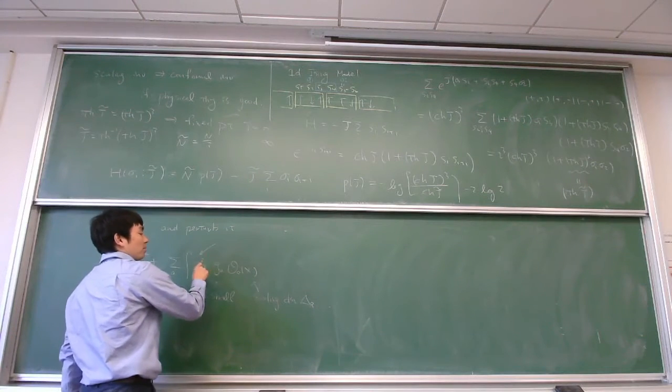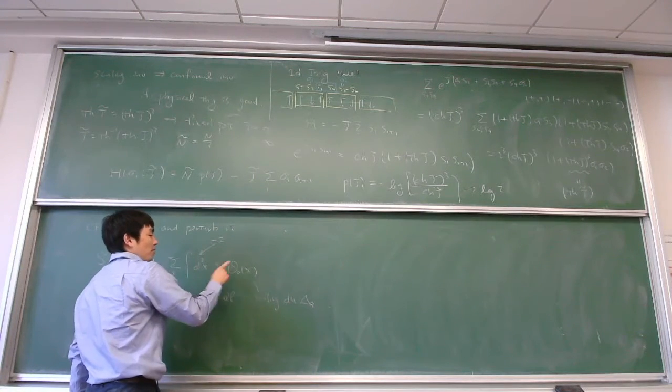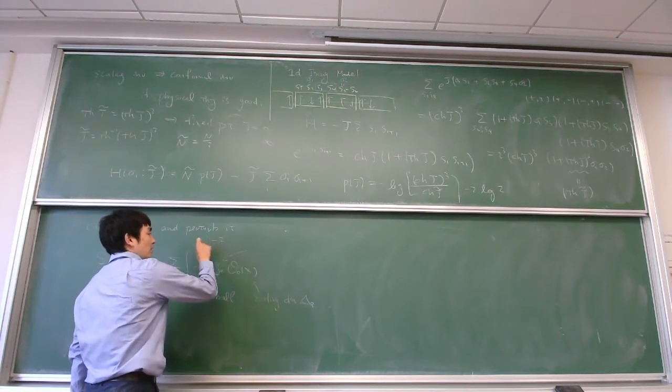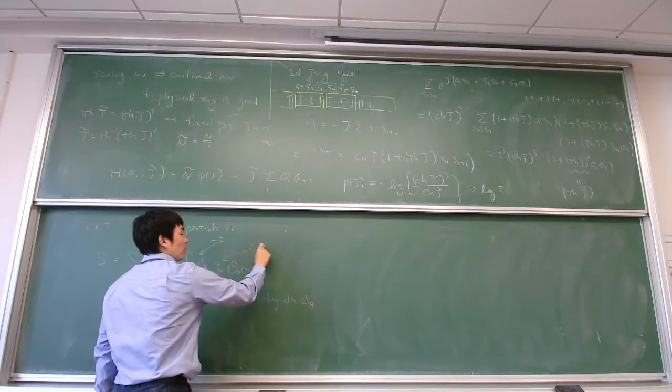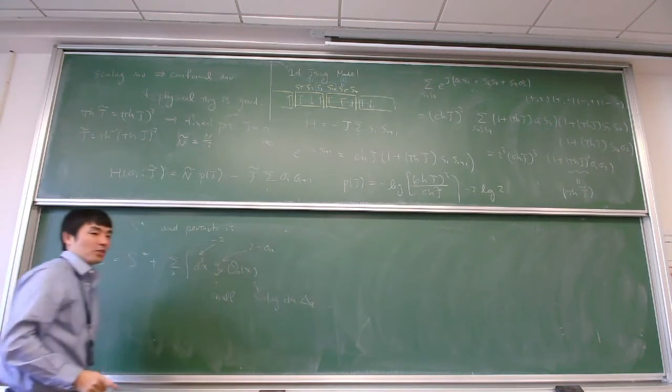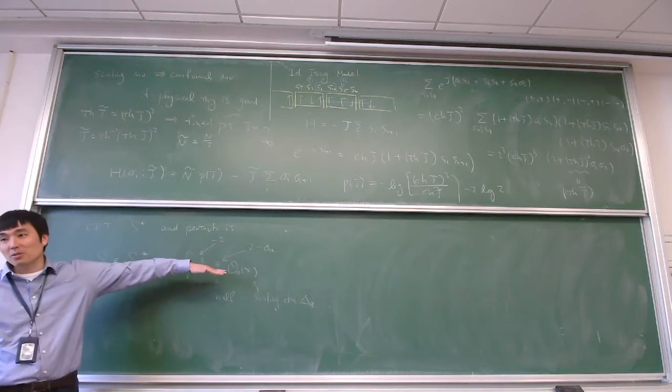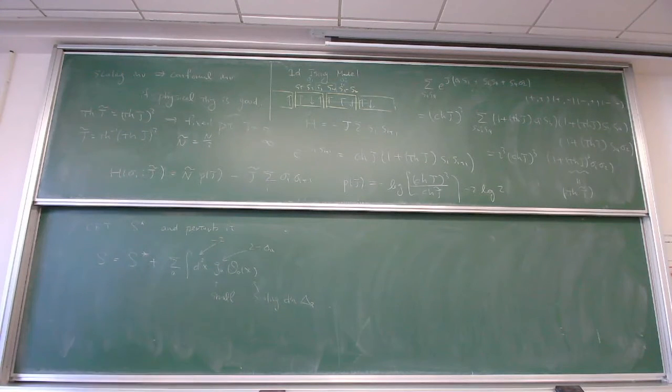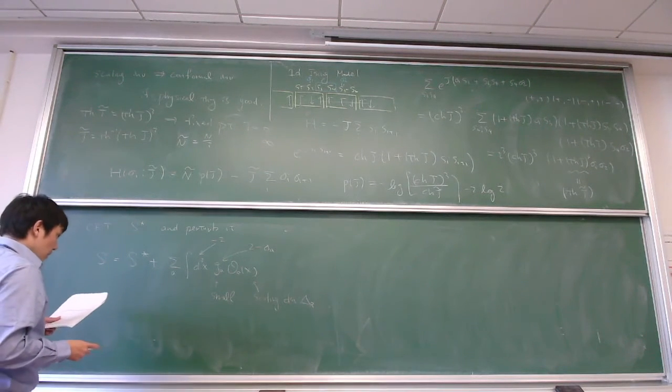So therefore the coupling g_A has to have scaling dimension 2 minus Delta A, in order for the whole action to be dimensionless.